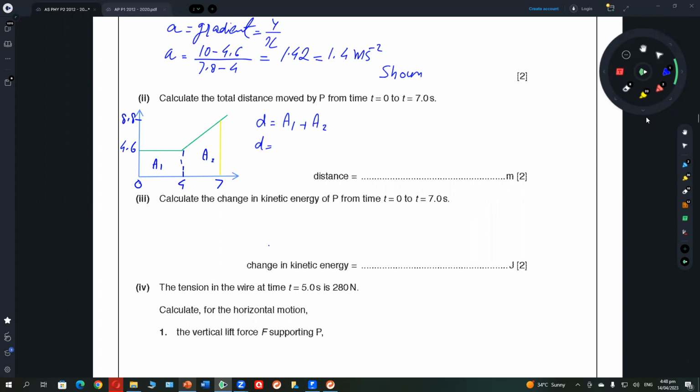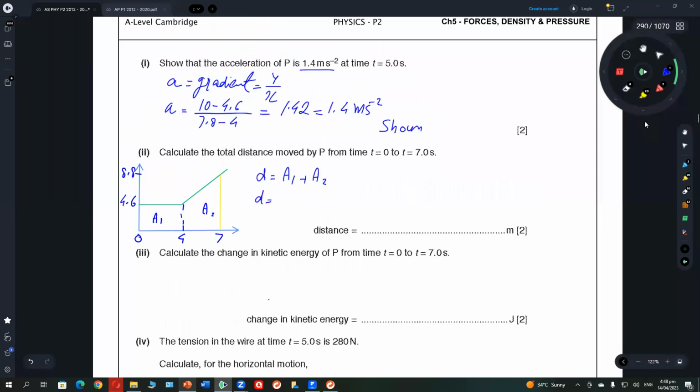For the rectangle, it will be 4 into 4.6. I'm using the trapezium as it's a direct case. It's half into height. Height is 7 minus 4, which is 3, into the sum of parallel sides.